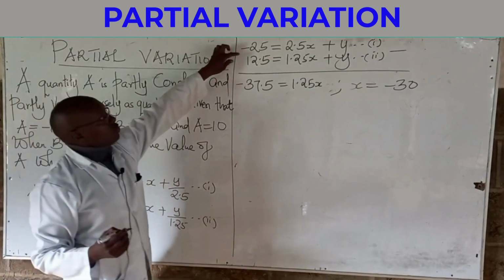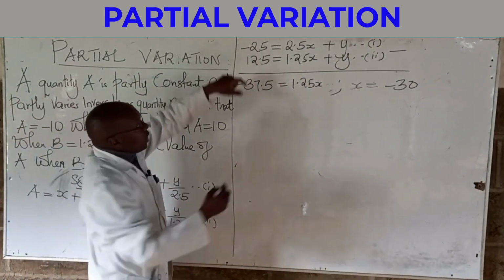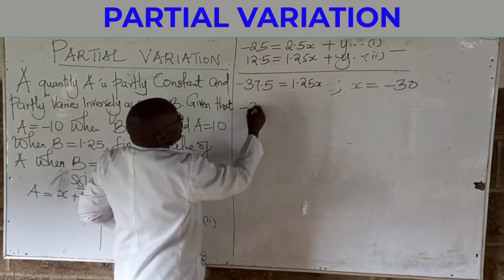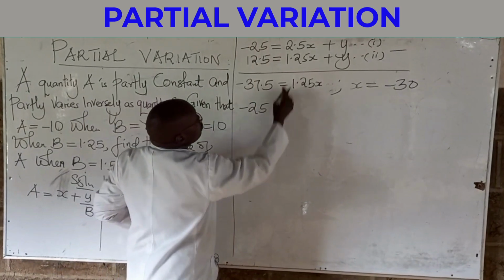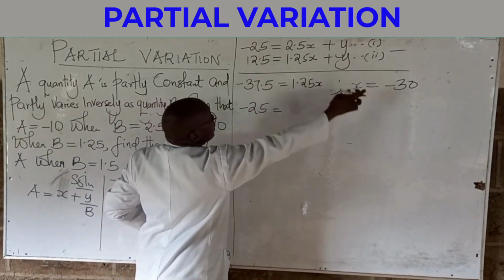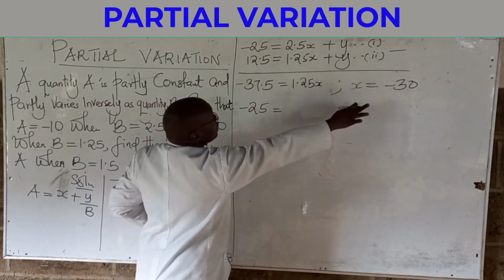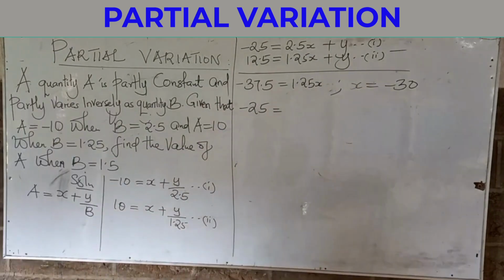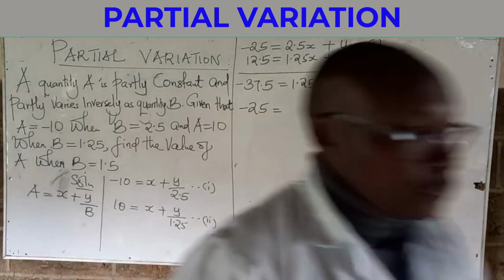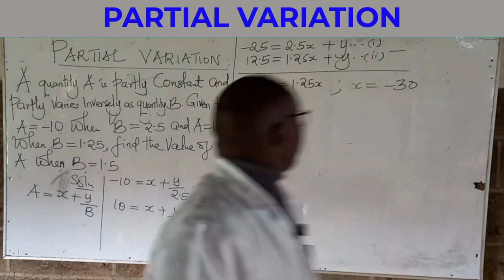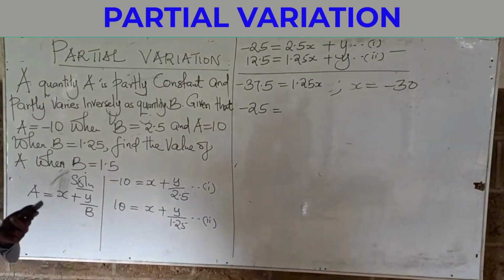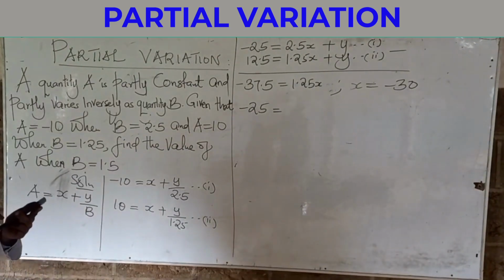Now we can substitute X in the first equation. So we have -25 is equal to 2.5 multiplied by X, which is -30. So that will be 2.5 multiplied by negative 30.